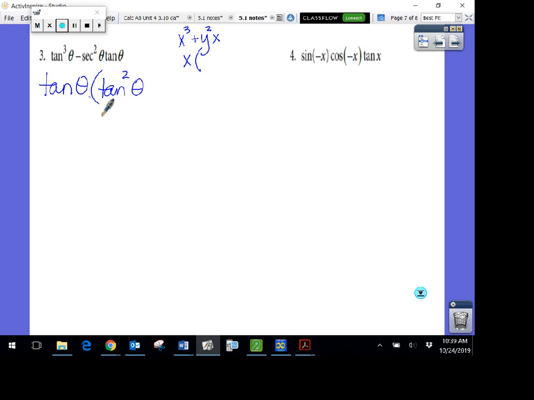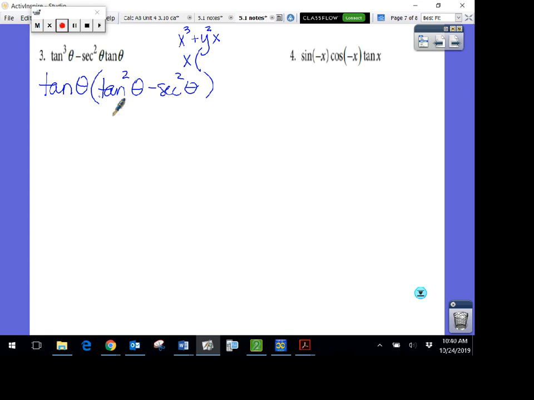I took that tangent out, so minus secant squared. This is factoring. If I were to distribute the tangent in and multiply, distribute or multiply are the same. But if I'm undoing it, I factored it out.